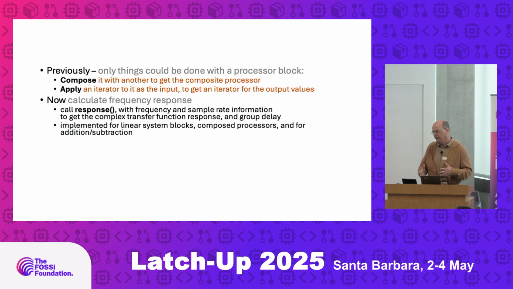Now I've added the capability of asking for the frequency response. So there's an extra function that you have to define, which is basically, what is the frequency response of this one block, and then by composition and arithmetic of adding these things, you can basically define all sorts of linear systems.